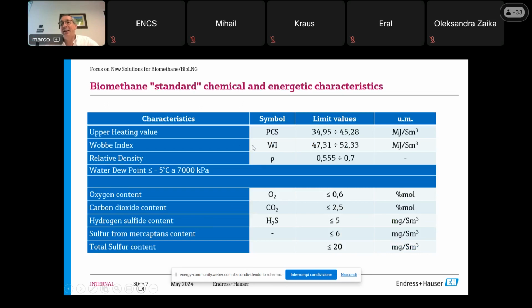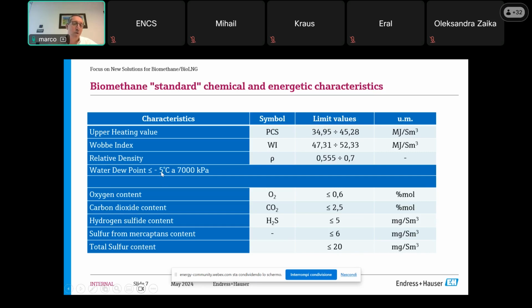The standard characteristics of the biomethane are indicated in calorific value and VOB index, which is the calorific value divided by the density, the water dew point, which is normally around 50-100 ppms.